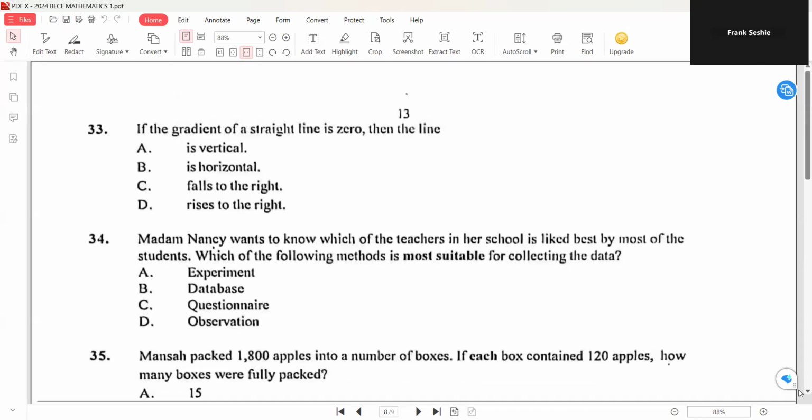If the gradient of a straight line is 0, and the line is... you should know, as I mentioned earlier in one of the questions, that if the line is slanted upwards towards the right, the gradient is positive.